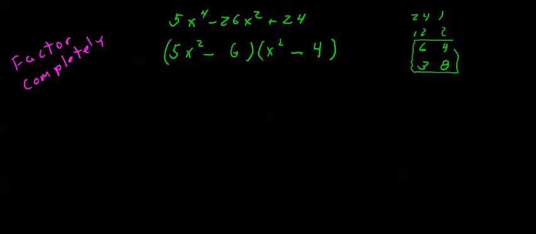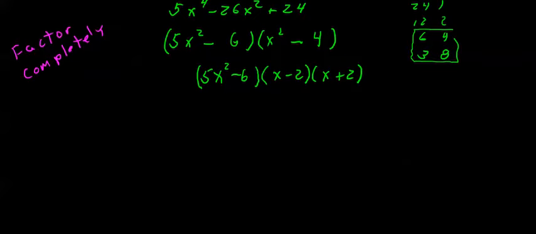I have to factor that. X squared minus 4 is x minus 2 times x plus 2. And I bring down this other factor, 5x squared minus 6. Wow, that's hard. 5x squared minus 6 times the quantity x minus 2 times the quantity x plus 2. I cannot factor anything else, so now I'm done.